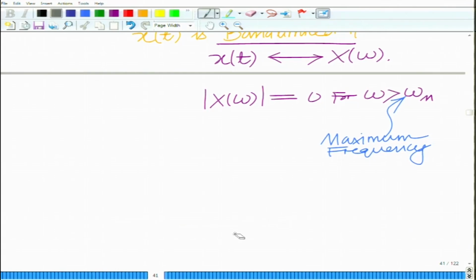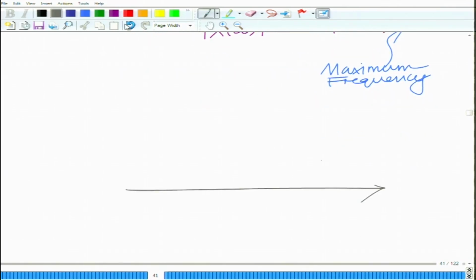Okay. And you can visualize this as follows. If you have the omega axis, then let us say, okay. So, this is your omega m, this is your minus omega m.